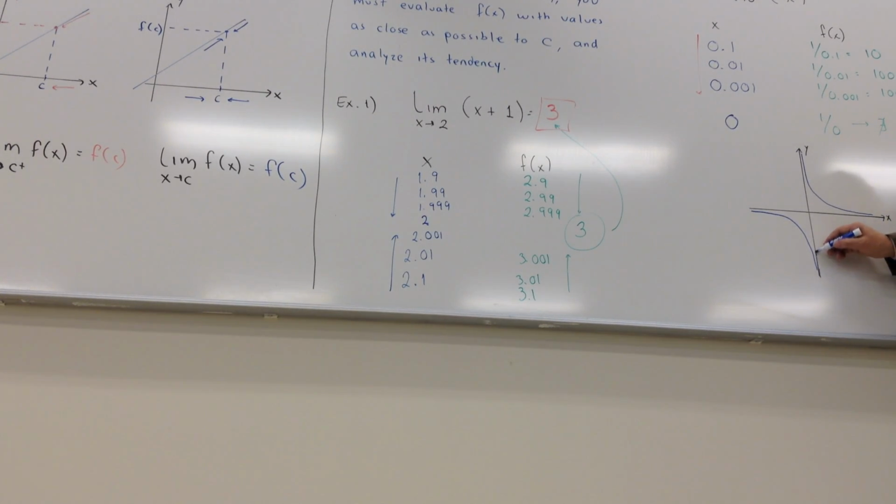We have a vertical asymptote at x equal to 0, and a horizontal asymptote at y equal to 0. Now, checking the graph, in this case, what it says is that I'm approaching 0 in x from the right side. My graph is going towards what? Yeah, so this complies with this.